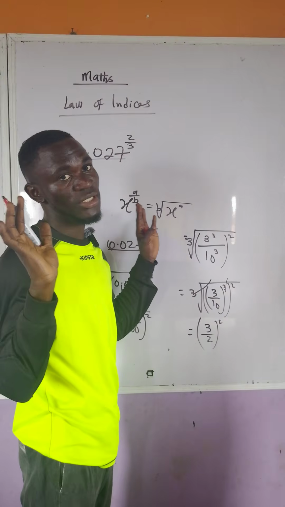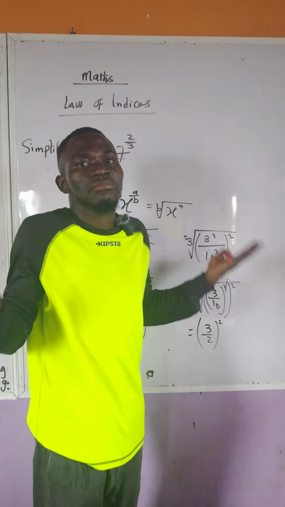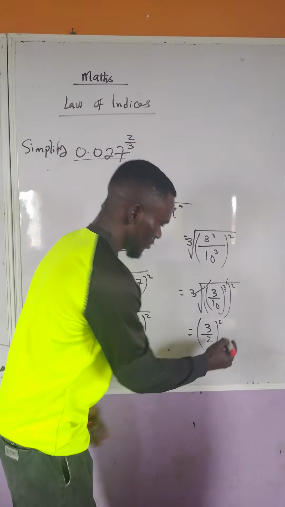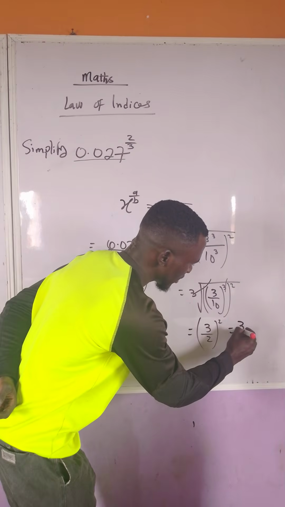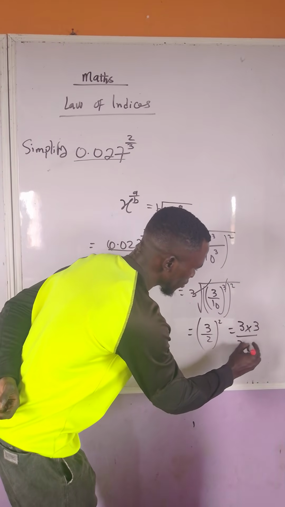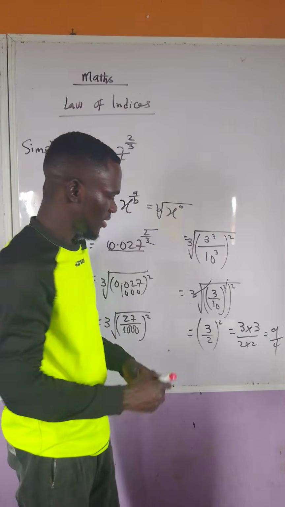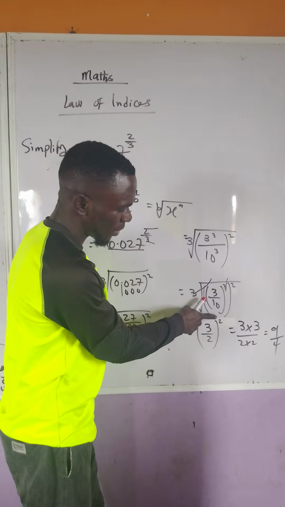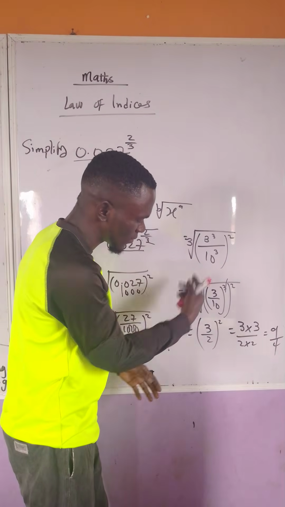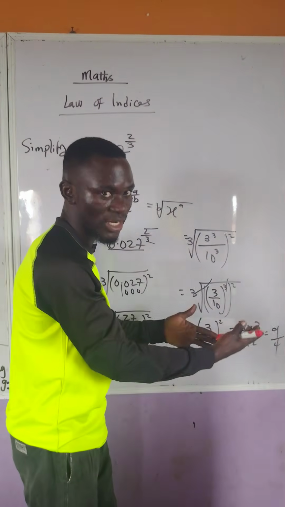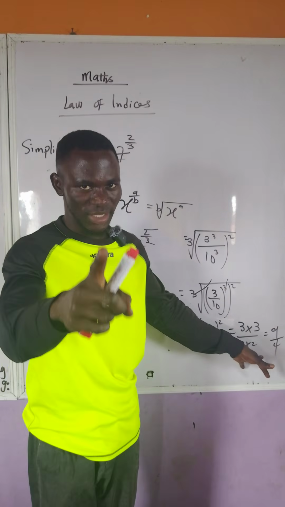I can say that this is my final answer, or I can also say 3 times 3 over 2 times 2, which will give us 9 over 4. Here we have the square, it means that this one multiplies itself 2 times. I hope you understand that.